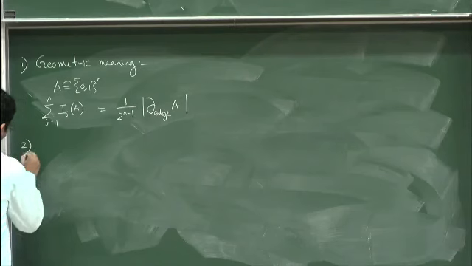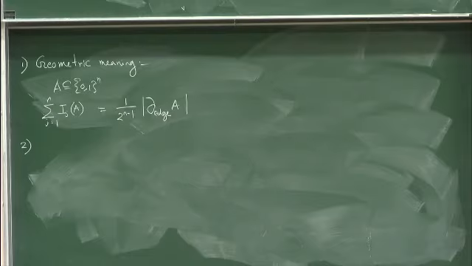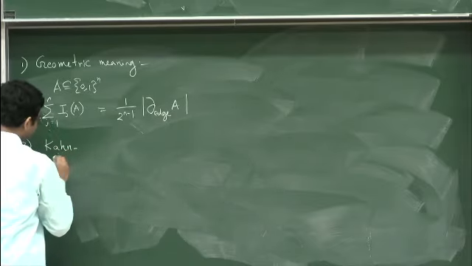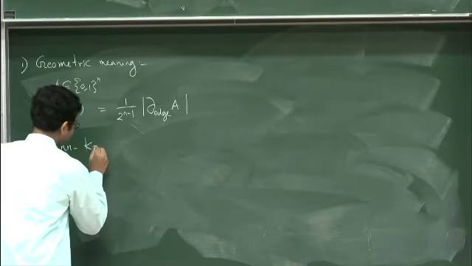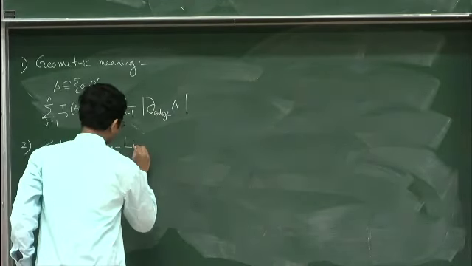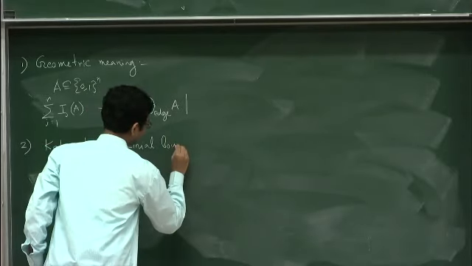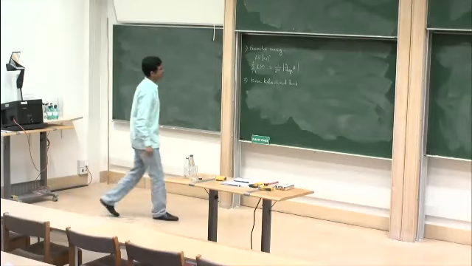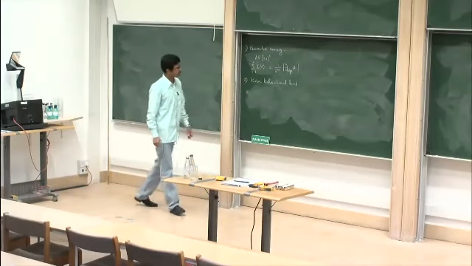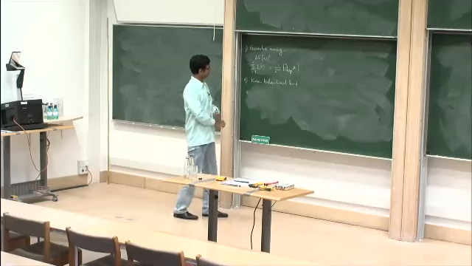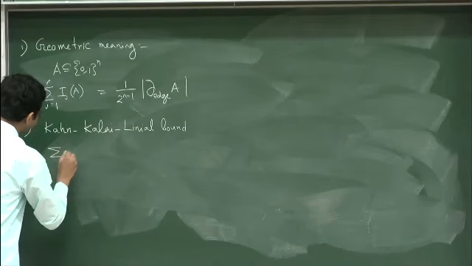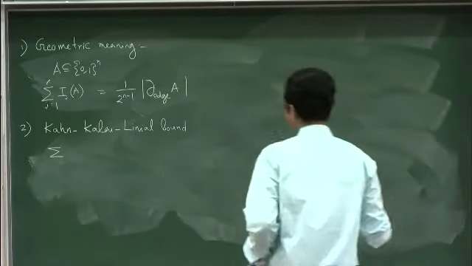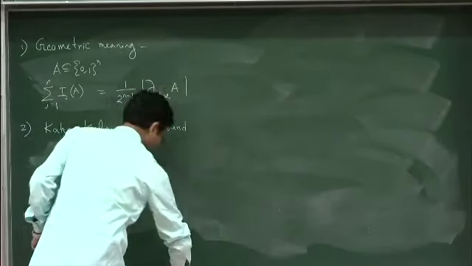The second most crucial thing about the influence is the KKL bound. This is due to Kahn, Kalai and Linial, and they proved a non-trivial lower bound on the maximum influence of a function or a subset A in the hypercube for the uniform measure. If you start with the variance of f, you can easily see that the variance of f is bounded by the sum of the influences.